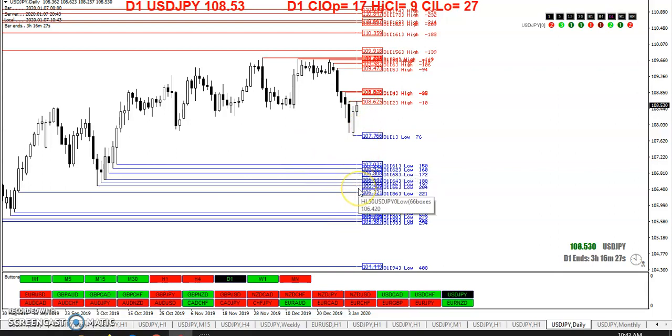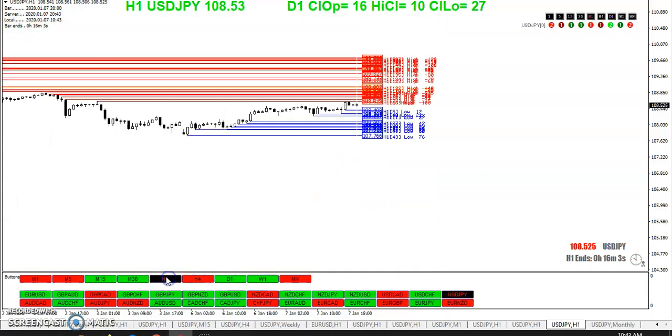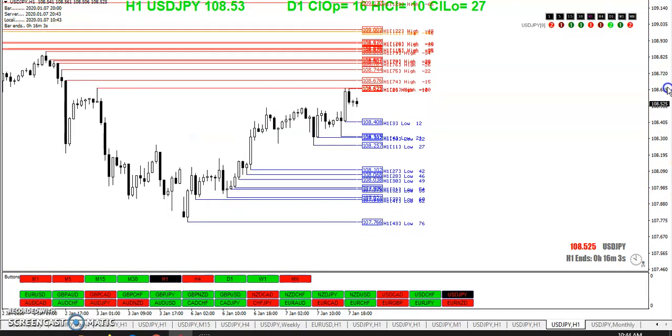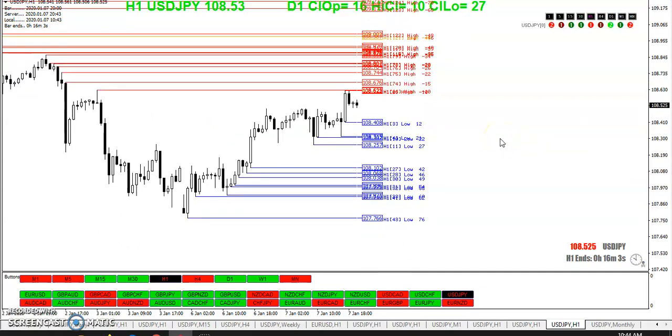If price dipped down here and you were short, you would probably want to take some profit in this area. Now, this is daily. There's maybe 10 or 20 pips between some of these lines, but you can even go down to H1 and basically get the same idea.